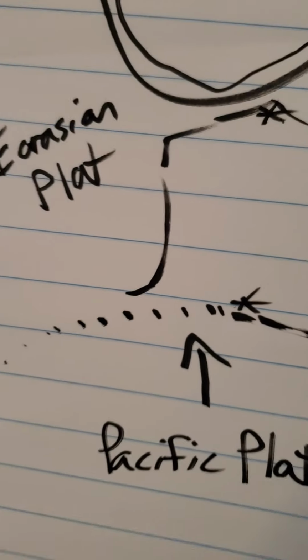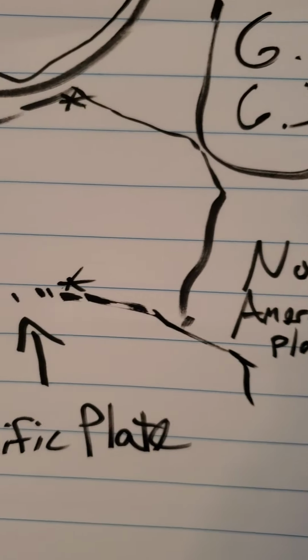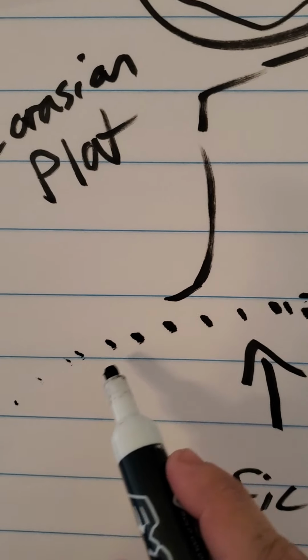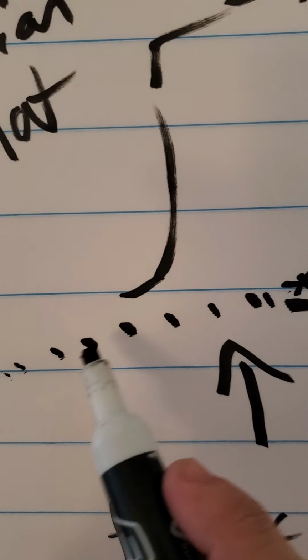So we have the Pacific Plate moving towards either the Eurasian Plate or the North American Plate. But here at this line where we see all of those volcanoes and mountains and earthquakes occurring is where that subduction is occurring deep below the earth.